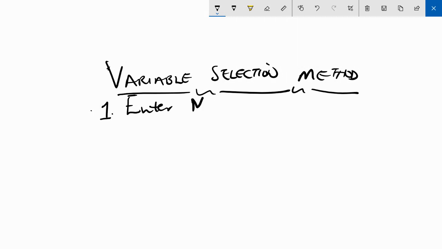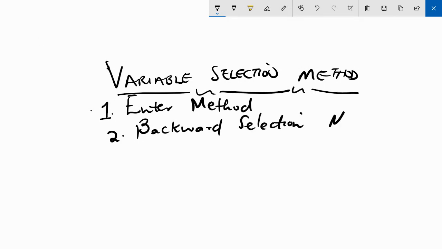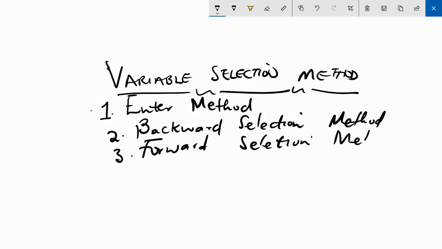Usually it's 3 methods, but if I don't explain this first one, students get confused. 2, backward selection method. 3, forward selection method. Sometimes, instead of saying selection, they use backward elimination and stepwise elimination method.